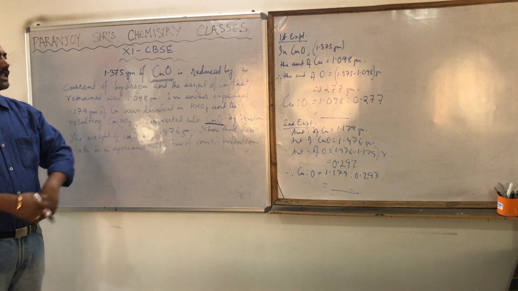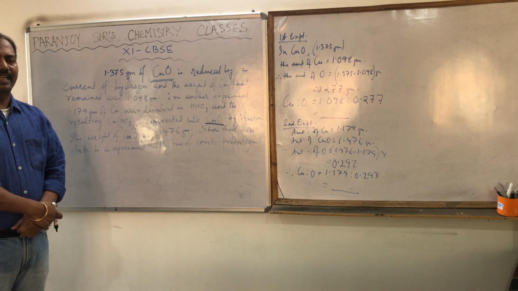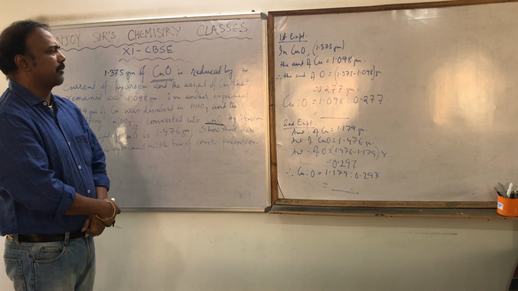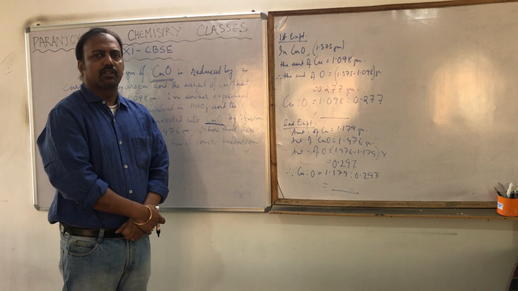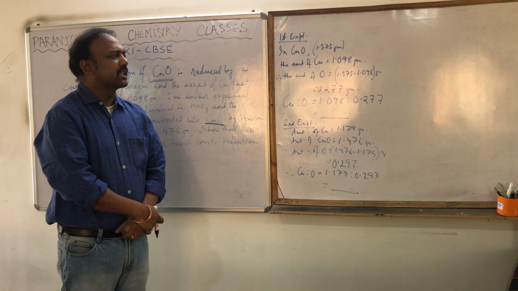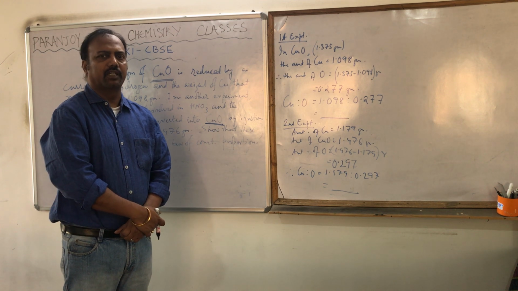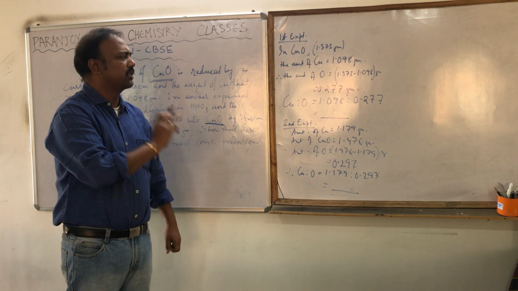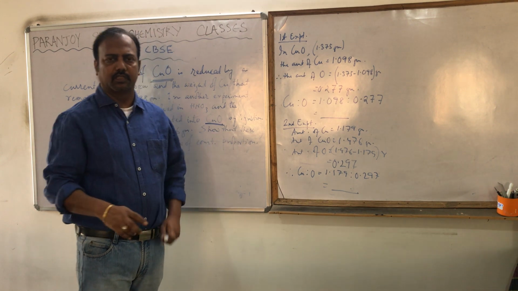So after getting these two values, we are going to say that since the ratio of copper and oxygen in both the experiments is the same, these data are in agreement with the law of definite or constant proportion. So please complete this numerical. Fine.